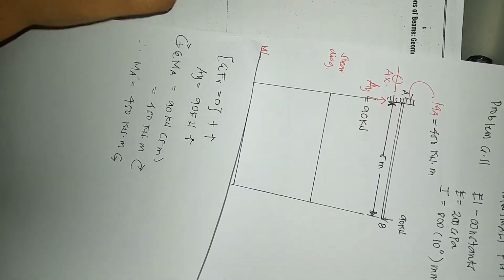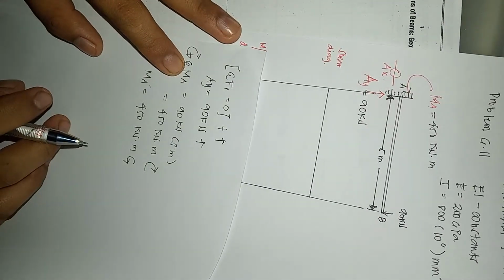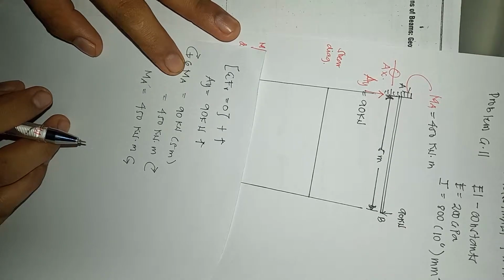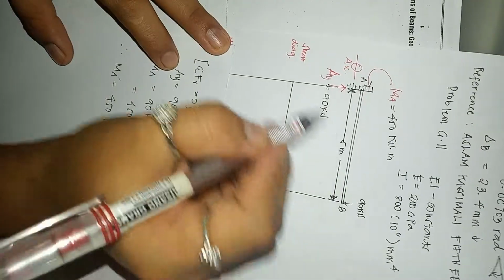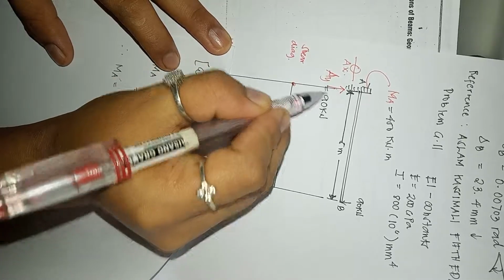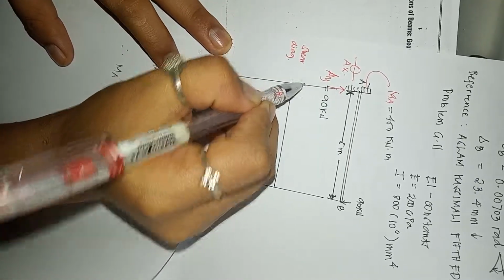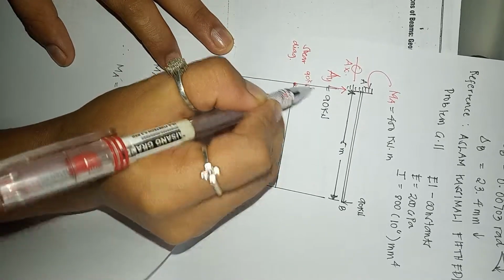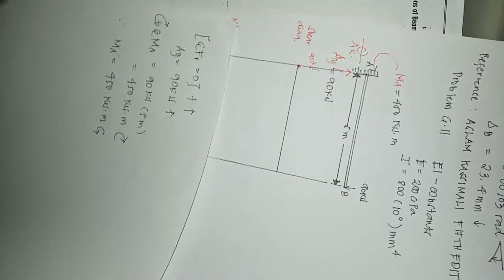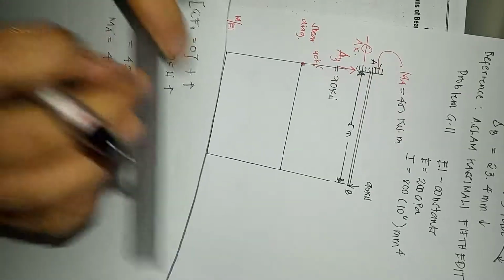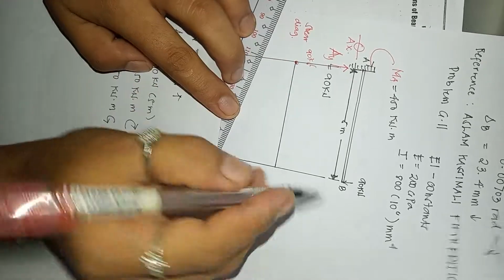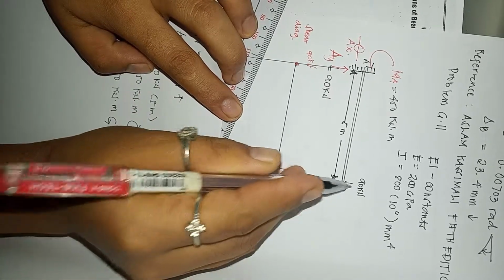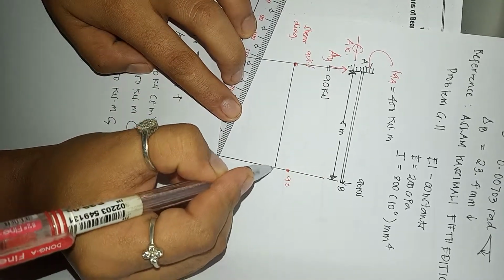So we are about to draw the shear and moment diagram. So we have from 0 upward to 90 kN. Then we have 90 here too. 90 minus 90 is equal to 0.